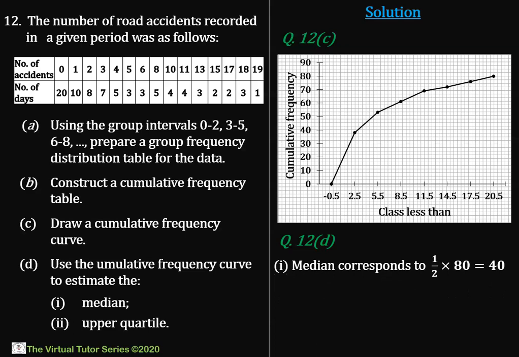Therefore, the median corresponds to half of 80, which is 40. To know the exact value, let's trace 40 from the vertical axis to touch the curve and trace downward to the horizontal axis, and then read off the corresponding value. This is about 2.8. Hence, the median is 2.8.